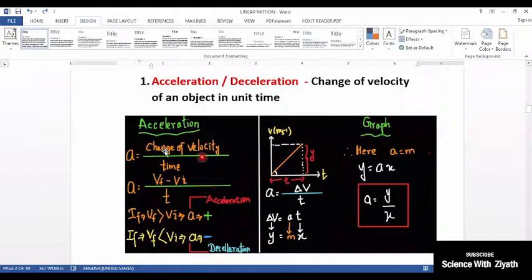If the change of velocity is negative, then the acceleration would be negative. The negative acceleration would be called deceleration. Deceleration means the velocity is decreasing. We will be talking about all these when we do the questions.